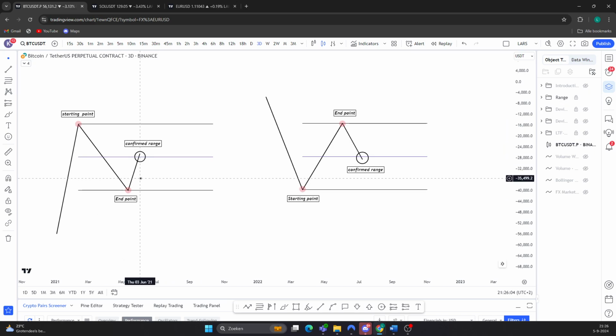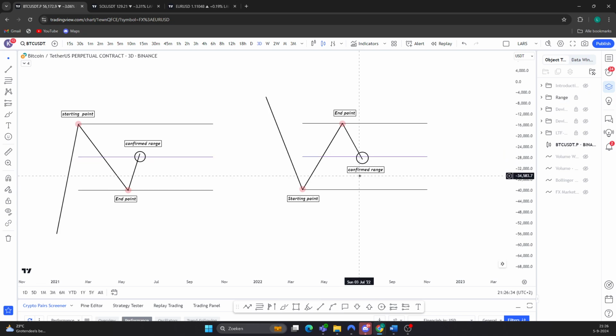But that doesn't make it your market structure low, like we discussed in lecture 1. It's only your market structure low when we have a move towards that market structure high and we touch it. So your range low is already confirmed prior to a market structure low being confirmed. Same over here. Normally, when we're looking at structure, this market structure high is only confirmed when we touch the low. But your range high is already confirmed when we touch the equilibrium of the range.